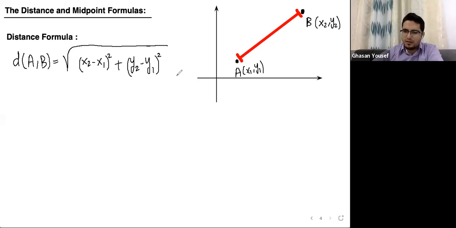Here, if I write y2 minus y1 over x2 minus x1, this is not the distance. This is the slope of the line. The formula that talks about the distance is the square root of the difference x2 minus x1 squared plus the difference between the y's squared.